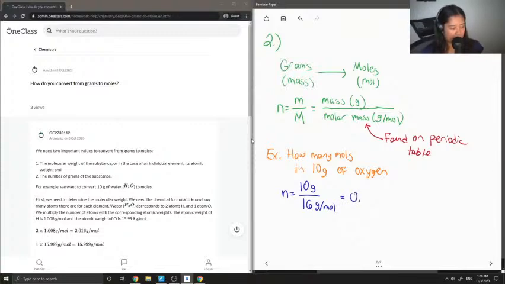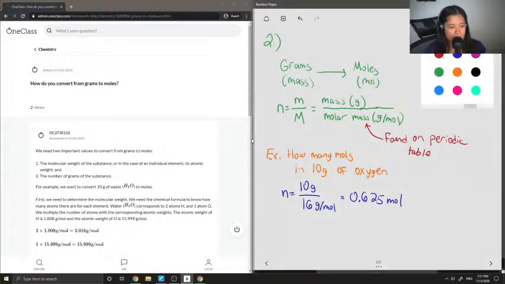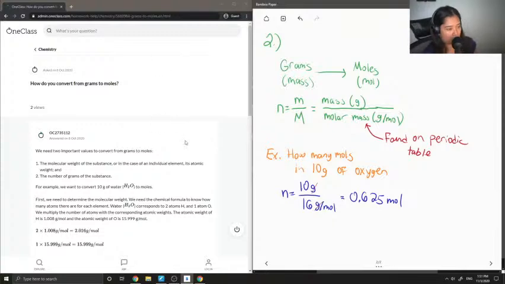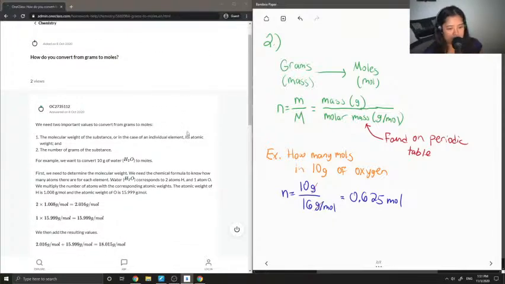Therefore, you get 0.625 moles. And you know you did it right if the units cancel out in the way that you wanted to. So we want to get rid of our grams and have our moles as the main units. And you get 0.625. This is just if you have a single oxygen, not O2.